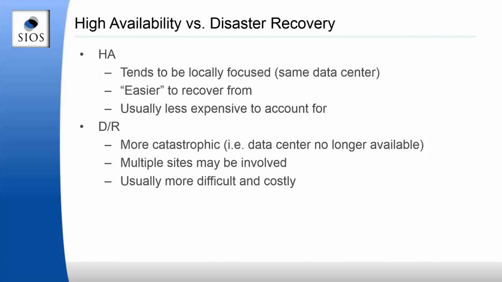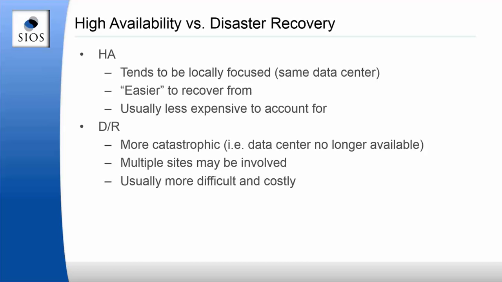While they may use very similar technologies on the IT side of the house to achieve the end result, how you get there and the approach is very different. When I think high availability, I think same data center, even same rack, two servers hosted. One of them goes down or has a problem, and you can fairly easily, relatively speaking, switch to another server without a lot of pain and muss and fuss.